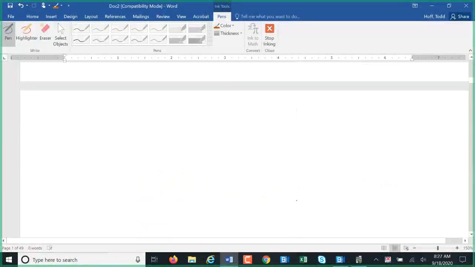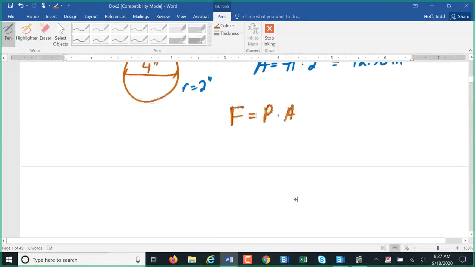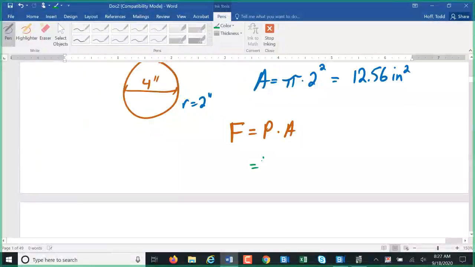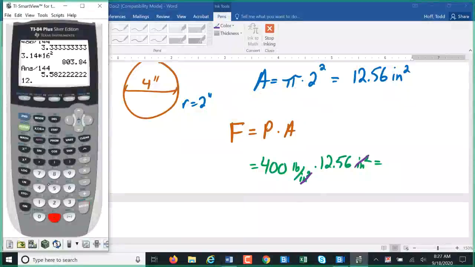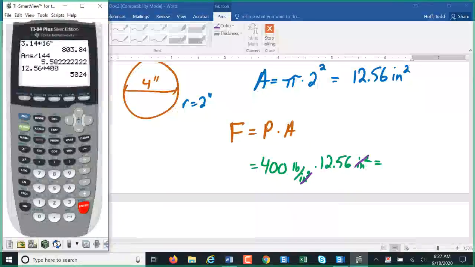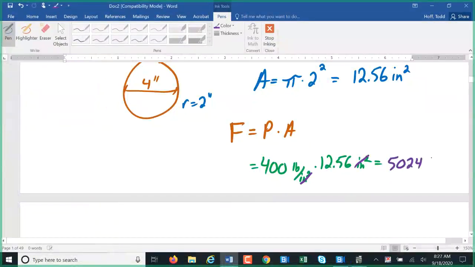So I can take my 400 pounds per square inch times 12.56 square inches. And you'll notice here the units even work out. The per square inch and the times the square inch cancel out. 12.56 times 400 is 5,024 pounds. So about 2.5 tons of force are produced by that small ram.